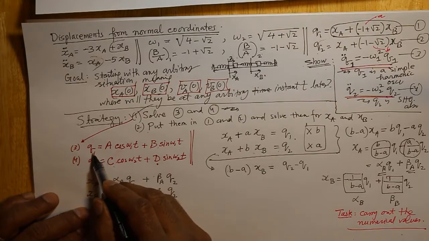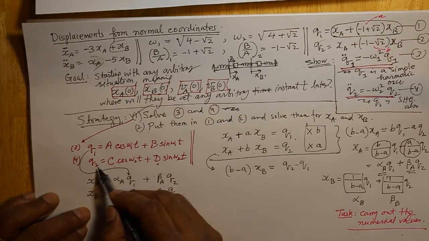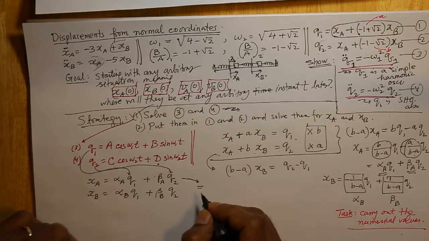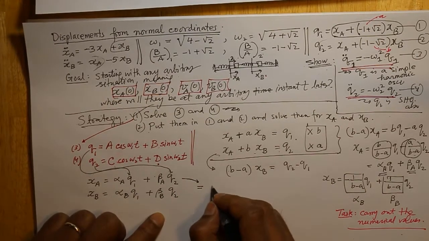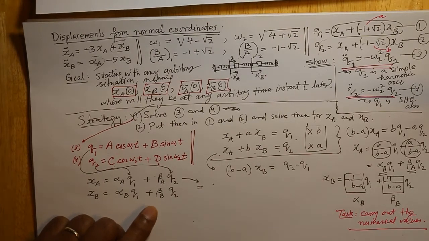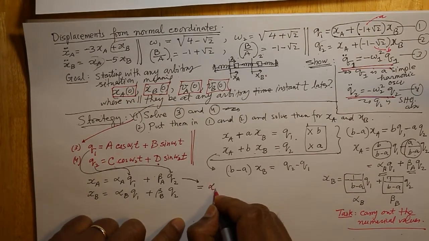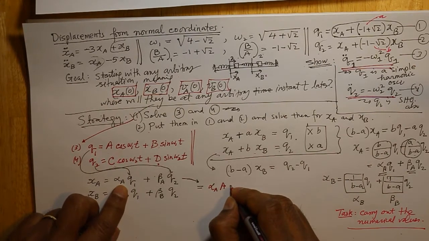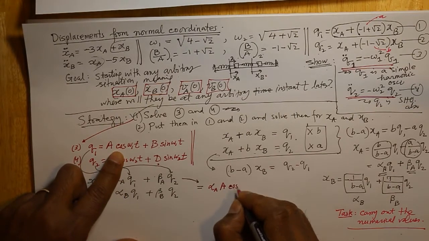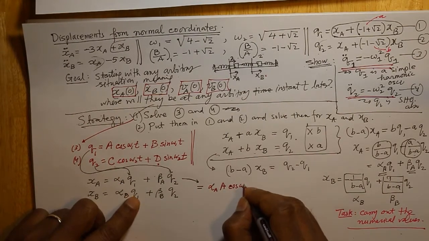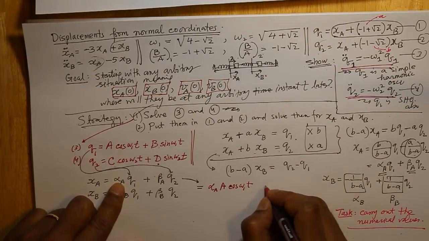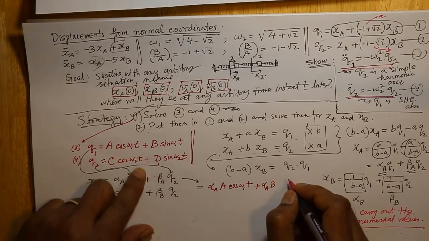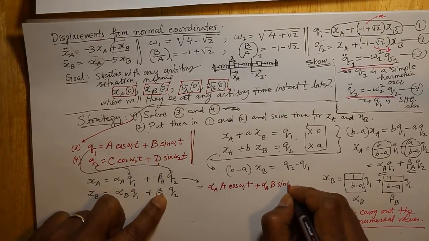Well, if q1 and q2 are known, I can put them in there, and you can see now this turns out to be alpha_a times a times cosine omega1 t, plus alpha_a times b sine omega1 t.